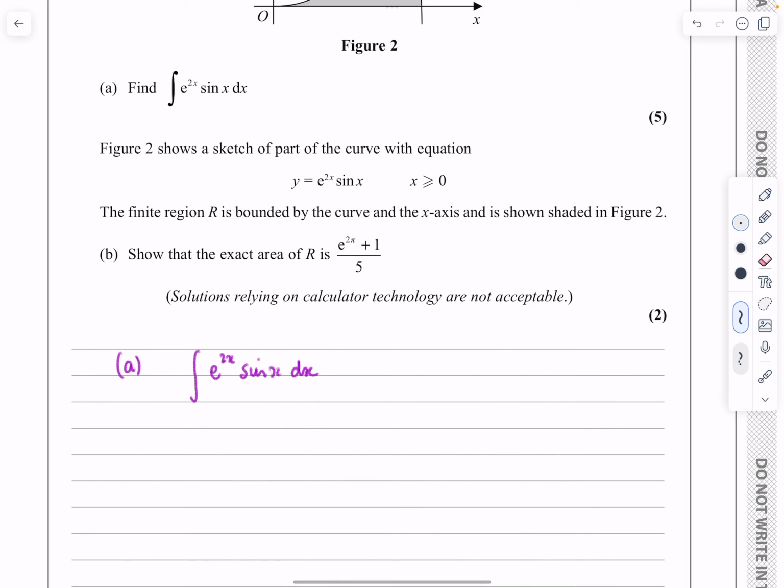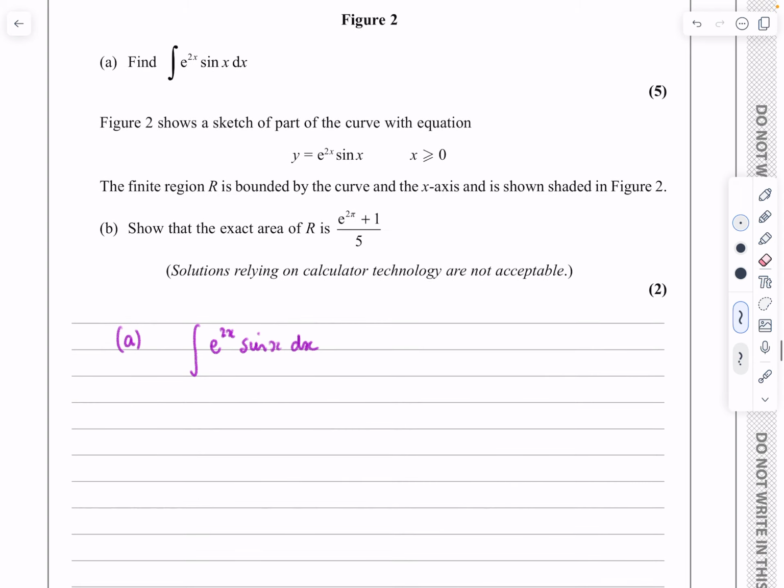So if we've got this situation, what I'm going to do, and we'll see it as it actually develops from doing the integration by parts, is I'm going to say u is equal to e to the 2x and dv by dx is equal to sine x. So if I'm going to do that, differentiating, du by dx is going to give me 2e to the 2x, and the integral of sine is minus cos x.